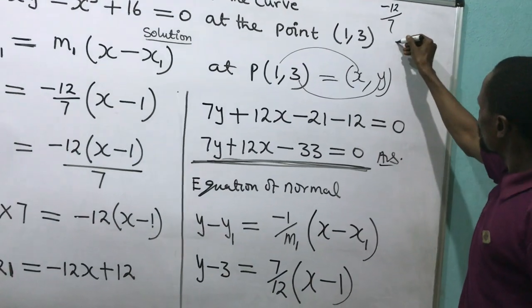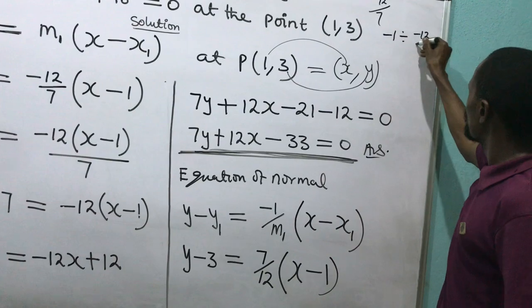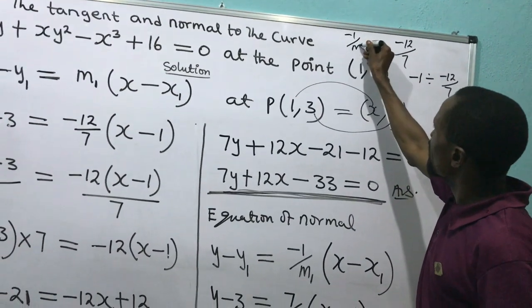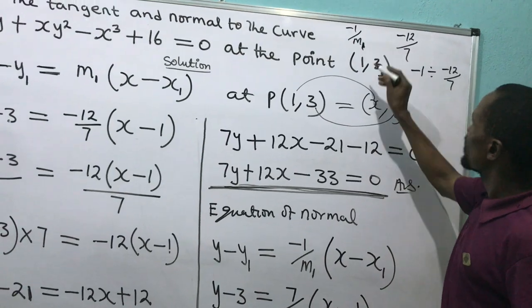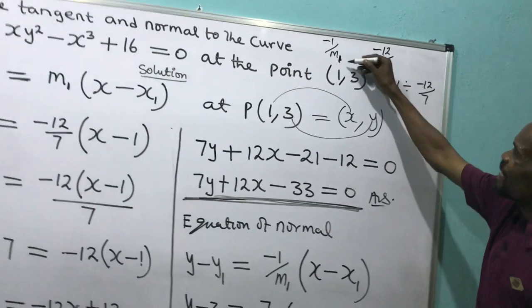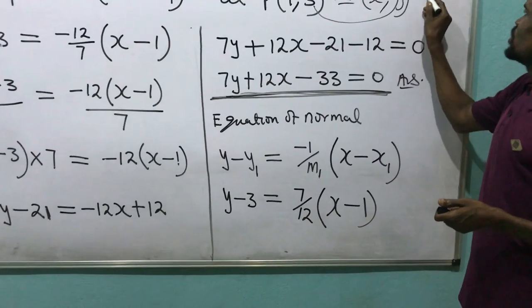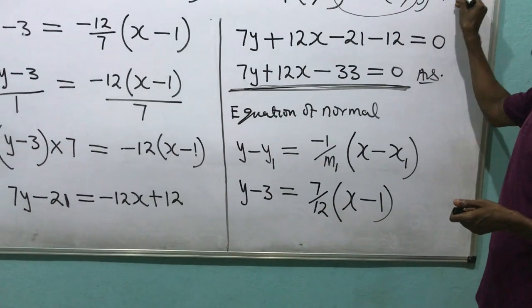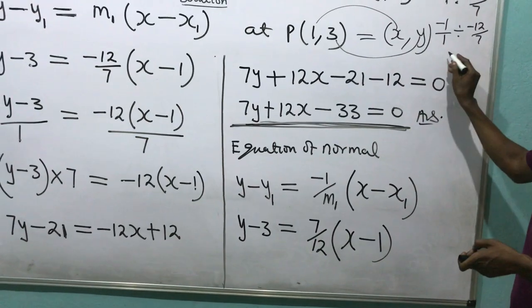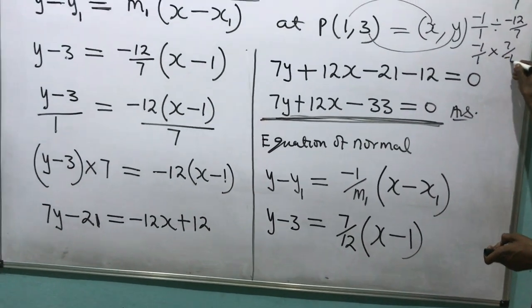Then the inverse of it, what does it mean? It means minus 1 divided by minus 12 all over 7. That's what it means when I said minus 1 all over m1. My m1 is minus 12 over 7. So minus 1 over 1 divided by minus 12 over 7 is the same as minus 1 over 1 times 7 over minus 12.